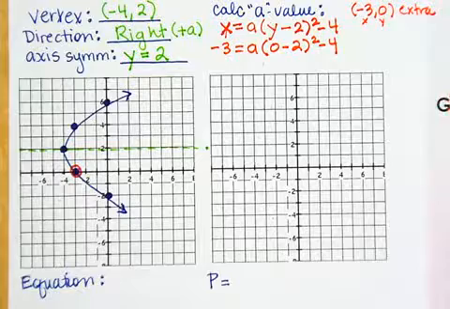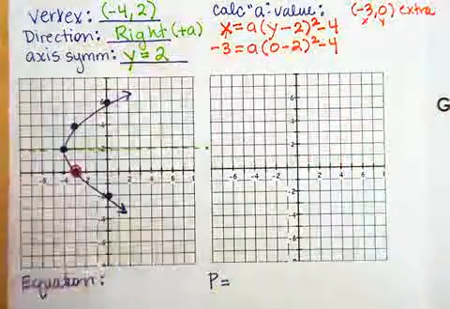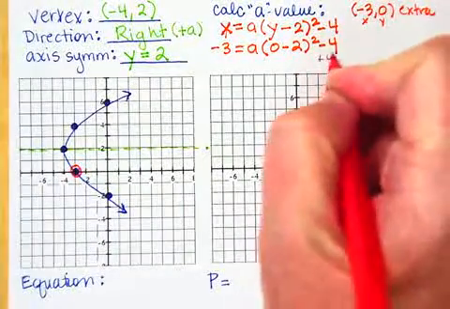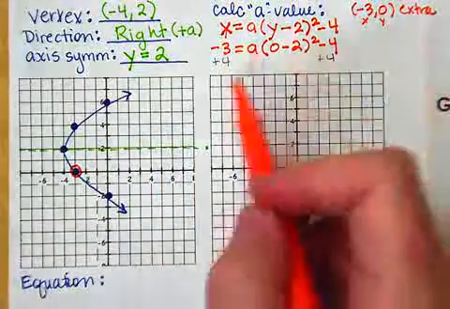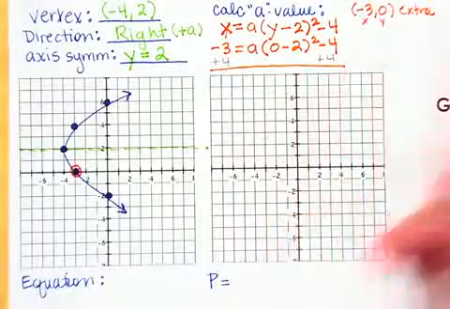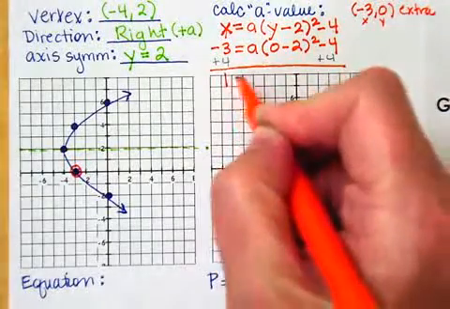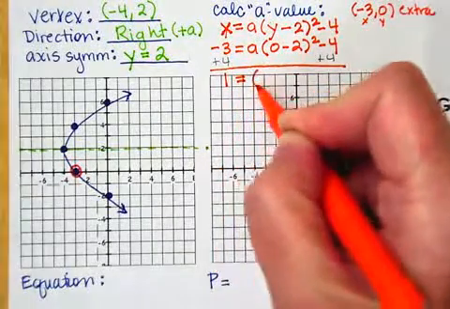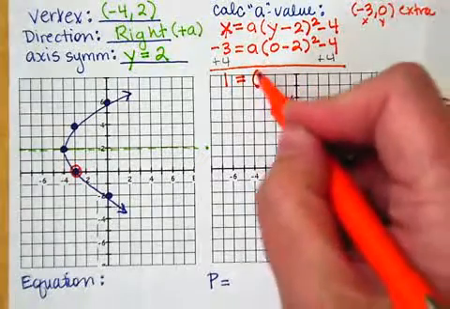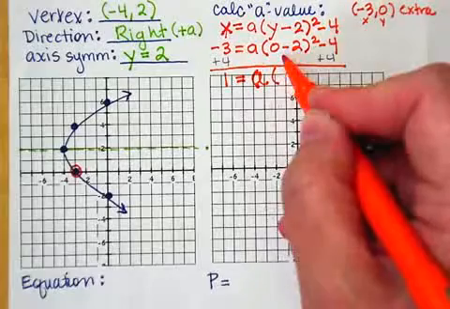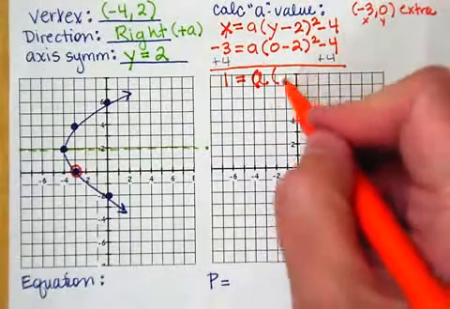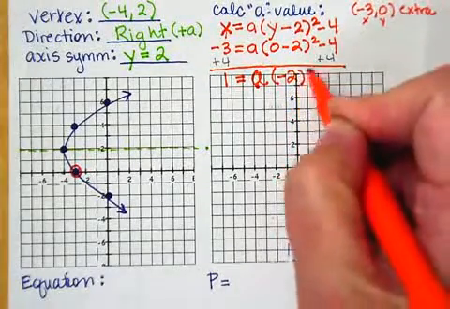I'm going to add 4 to both sides. When I do that, I get 1 equals, and then parenthesis, A first, then parenthesis, and I'm going to simplify inside. So 0 minus 2 is -2 and then squared.